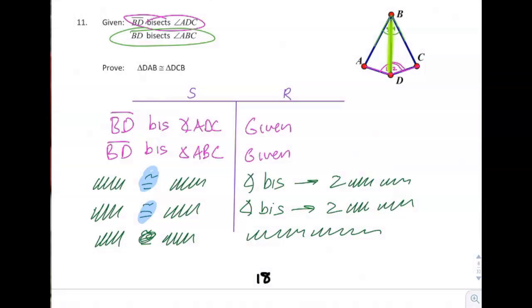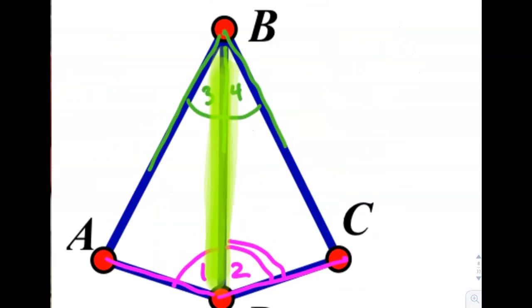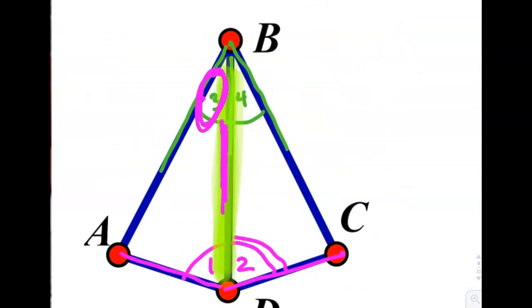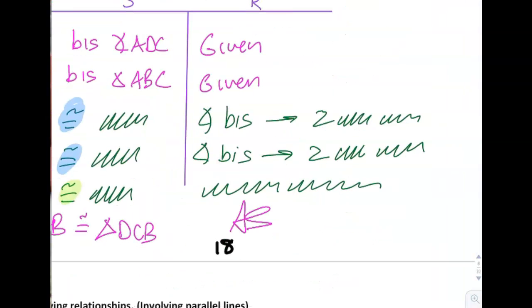That's my third congruence. So now I'm ready to say that the triangles are congruent. This time it's because of angle, side, angle, in a cluster right there. Angle, side, angle.